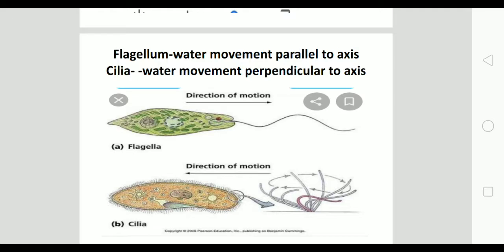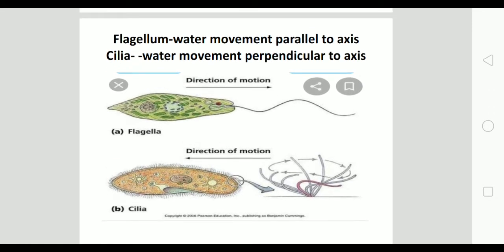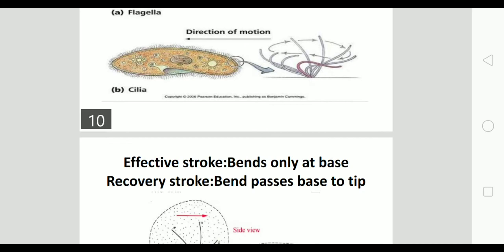And the second example, for cilia, is paramoecium. The cilia which are present all over the body show two types of strokes, an effective stroke and a recovery stroke. These strokes can be understood in the next diagram, in which the cilia show a water movement perpendicular to their axis.